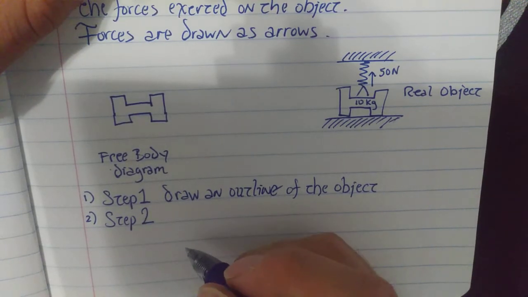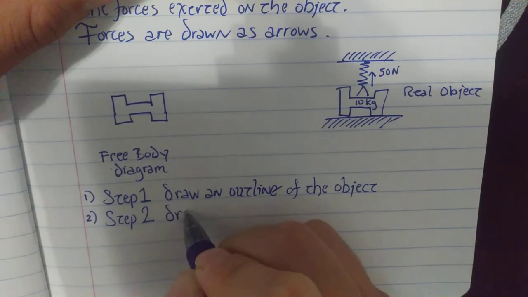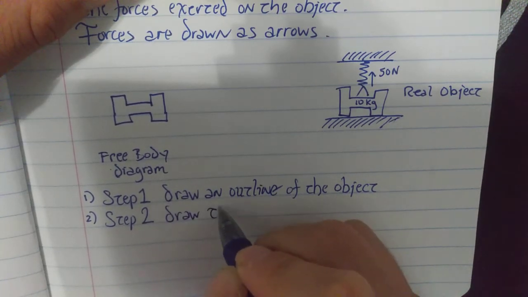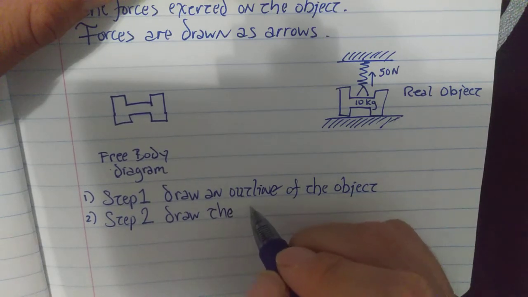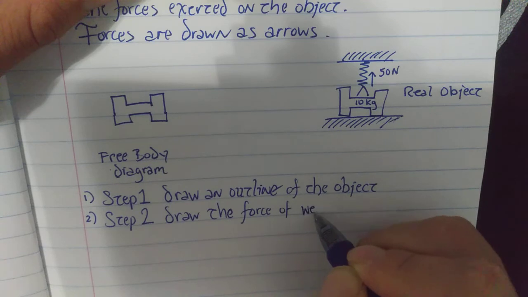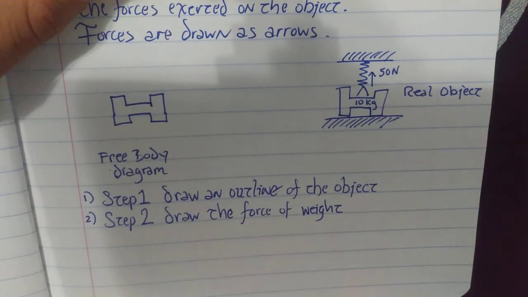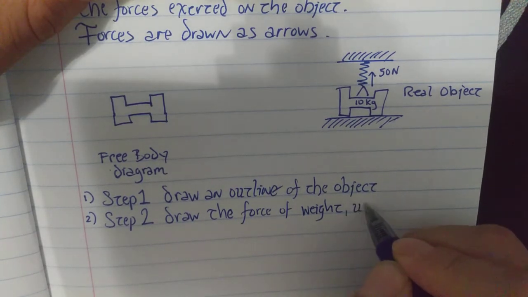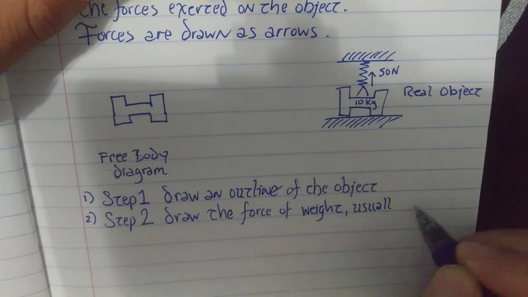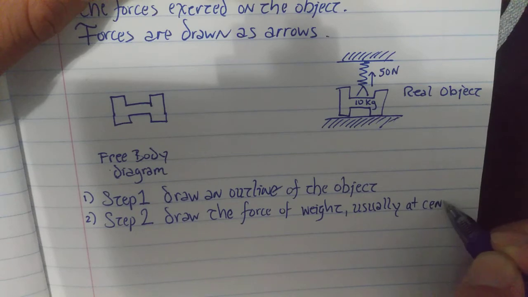All right, step number 2. Draw the forces acting on the object. Start with weight. So we're going to draw the force of weight. Every object is going to have a weight, and it's usually acting at the center of the object.